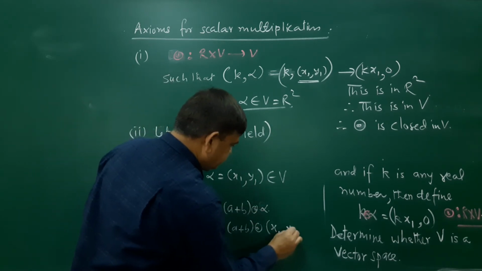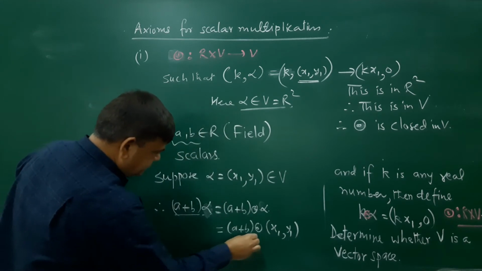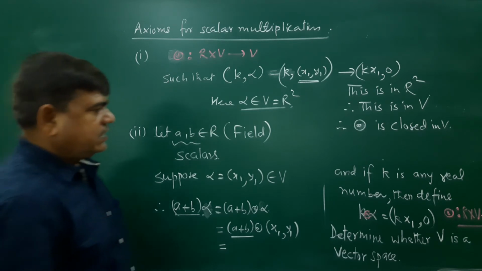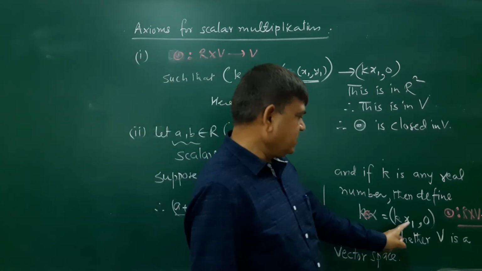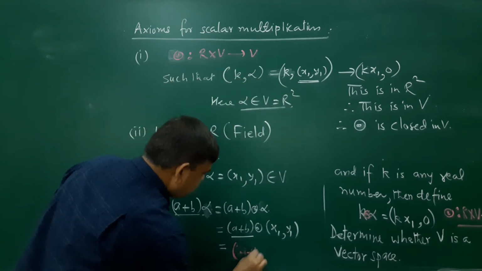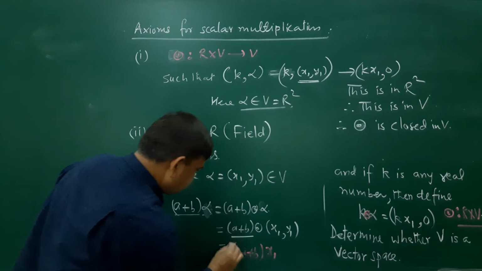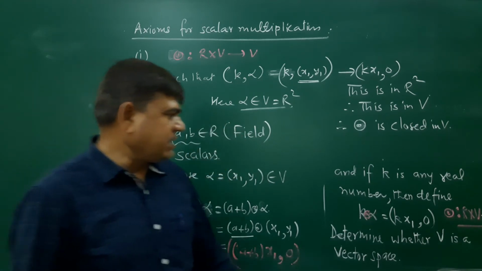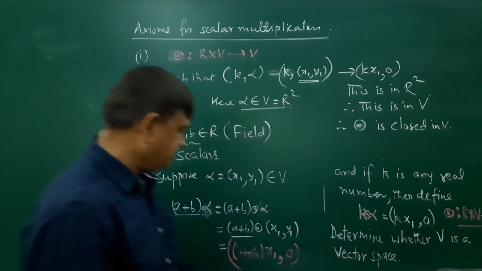Write it here. And here this is the definition. A plus B times x1 comma, the second component is 0 by the definition. Here it is 0.